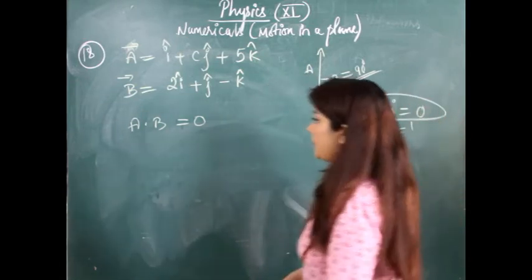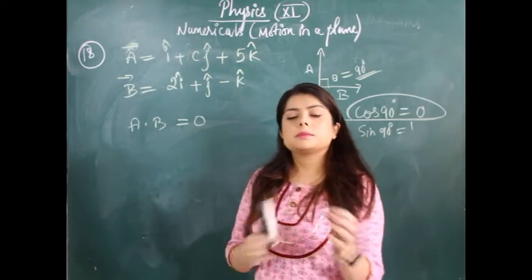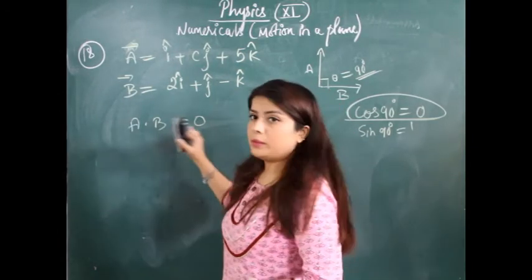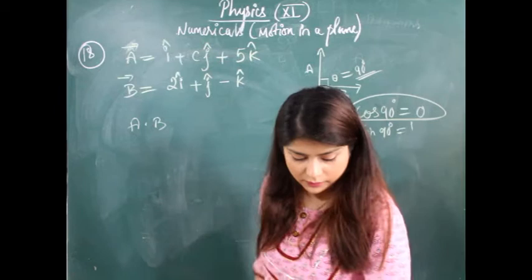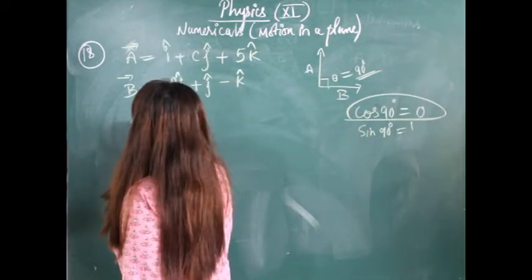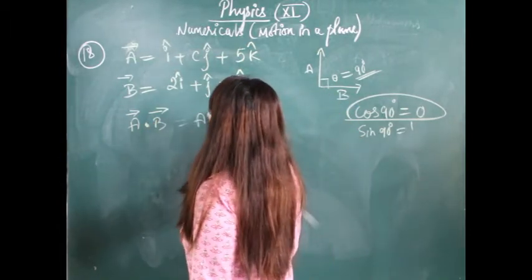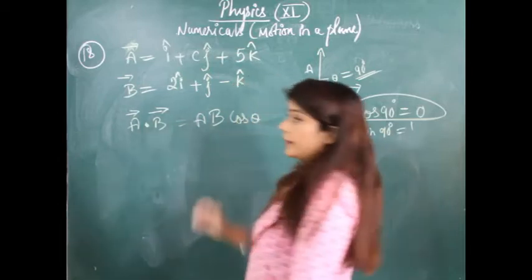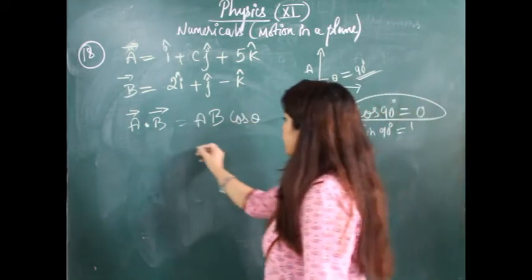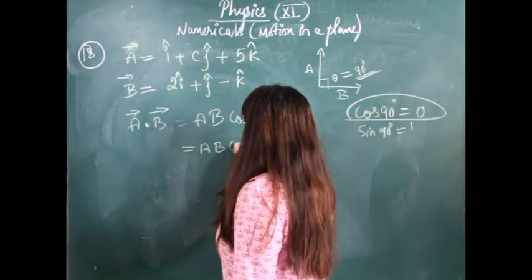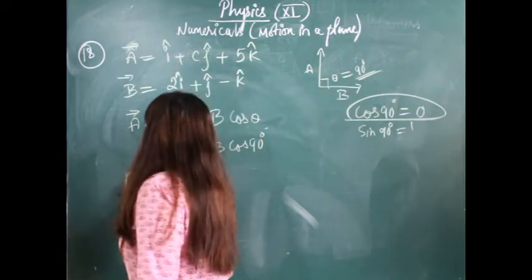A cross B is the sine product, and A dot B is the cos product. So we will use A dot B. A dot B is actually AB cos theta, and cos 90 is 0. So if cos 90 is 0, this whole part will be 0.